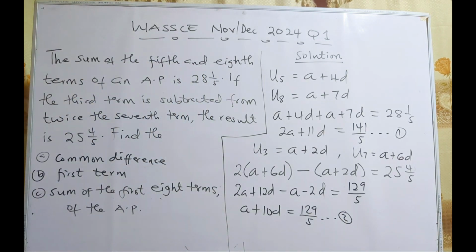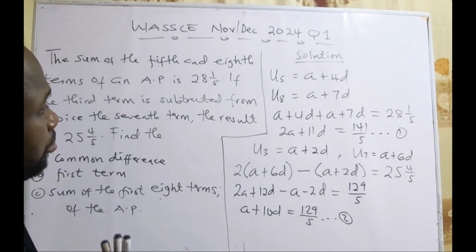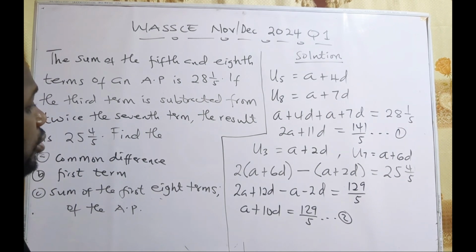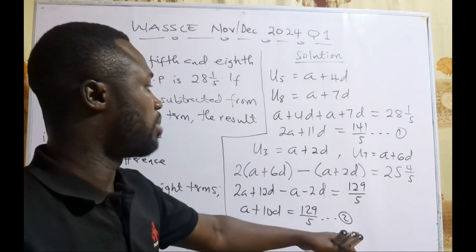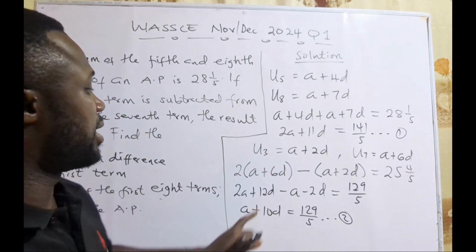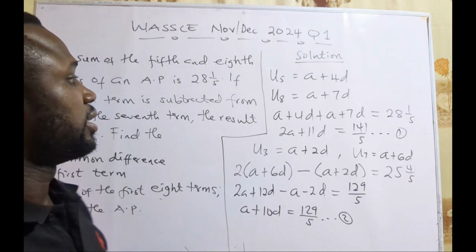Here, what we can do is either use elimination or substitution. Let me multiply equation 2 by 2 so that I can eliminate A in both equations.